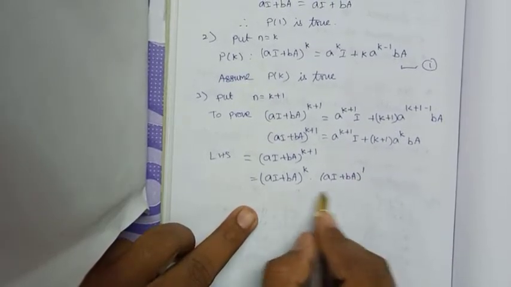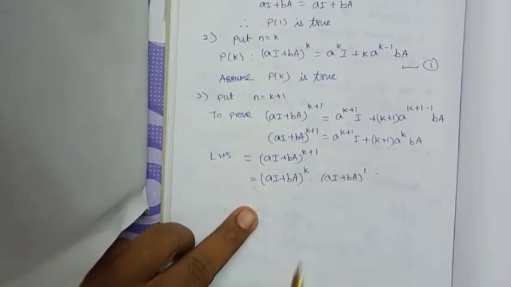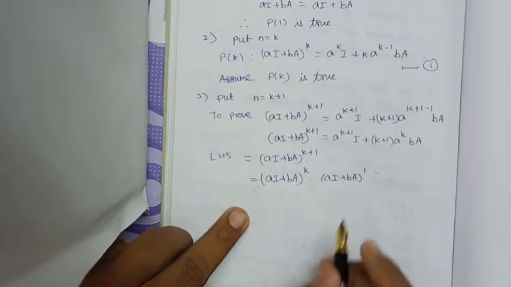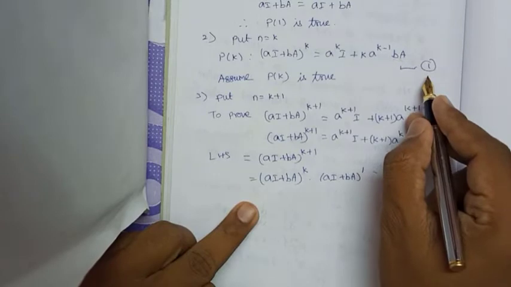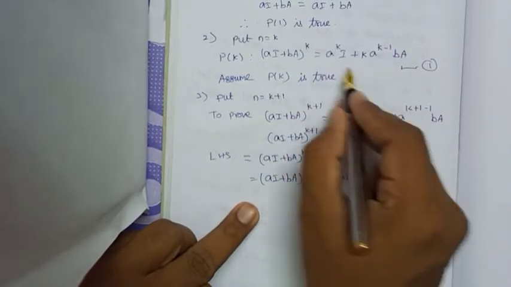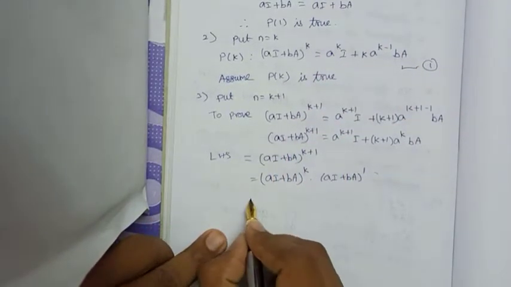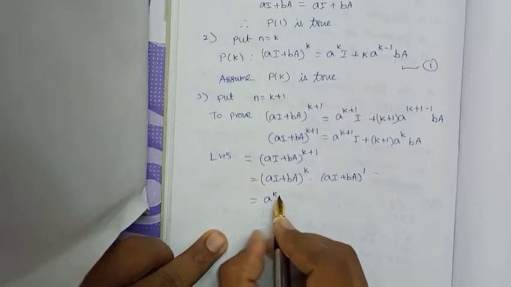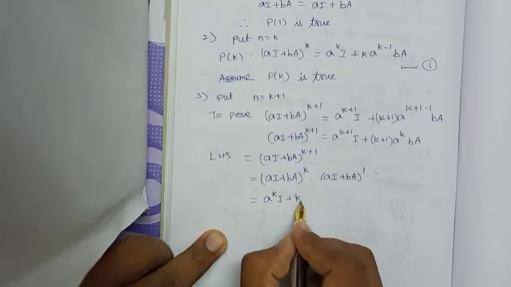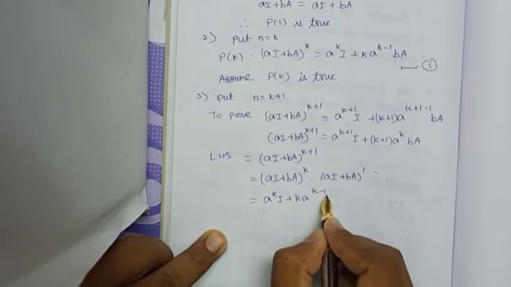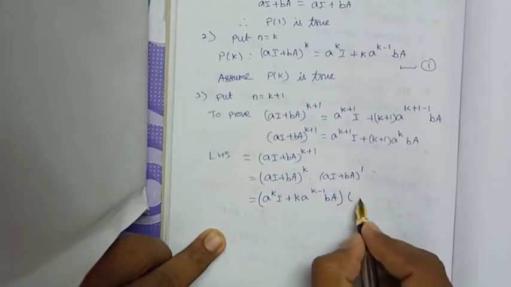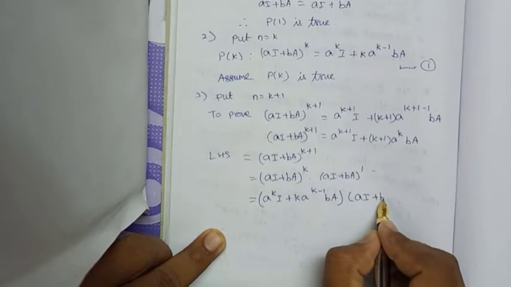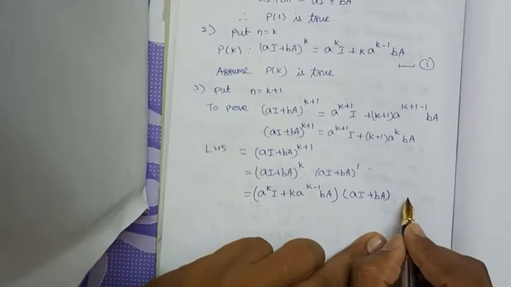The base is the same, so you multiply and the powers should be added. This is rewriting that. Because we substitute the value, we use the given equation 1. On the right hand side we fully substitute these values. So we get a^k into I plus k into a^(k-1) into bA, and you put the bracket into (aI + bA), using equation 1.